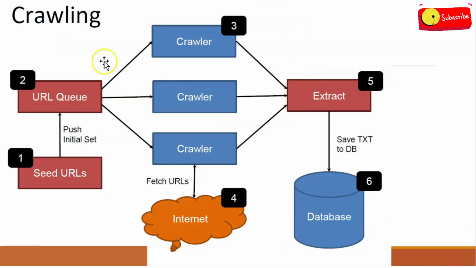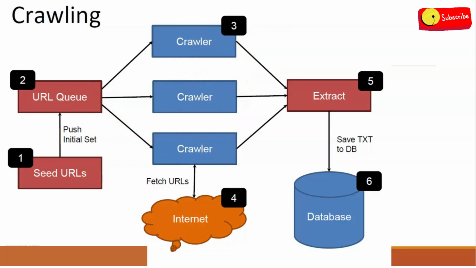Let me explain crawling with this structure. First of all, the seed URL. The seed URL is the basic URL. The URL queue: the seed URL has URLs which put Googlebot on your site. By the URL queue, our crawler just crawls the things. Crawl, and again crawl.